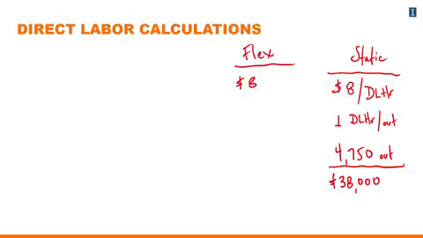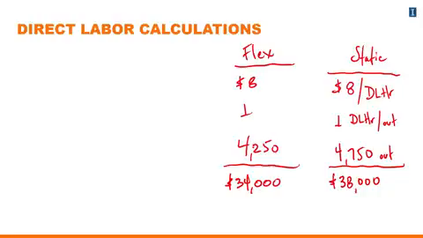So we have our $8, our 1 direct labor hour per output, and instead of 4,750 planned or expected units, we actually produced 4,250 units of output. Multiplying the 8 times the 1 direct labor hour per output by the number of units that we actually produced, 4,250, yields 34,000.